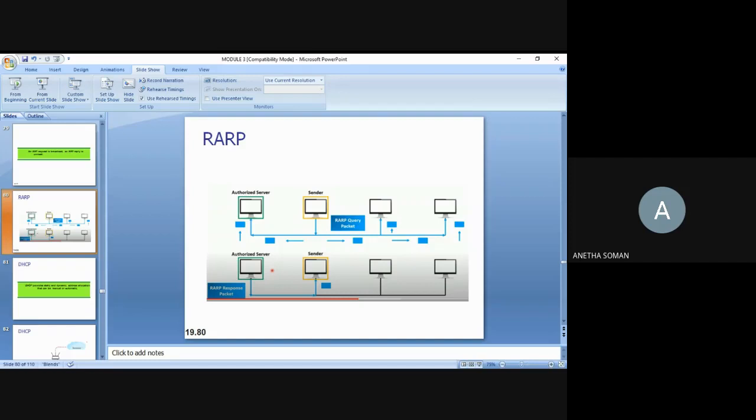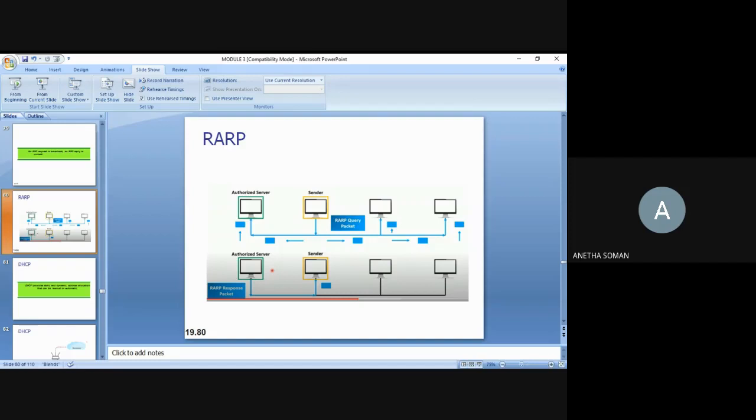Such a host, whoever is giving the RARP service, is called the RARP server. This authorized RARP server will reply directly to the requesting host with the response packet. It contains the IP address of the sender. So that is how the sender gets the IP address from the authorized server.